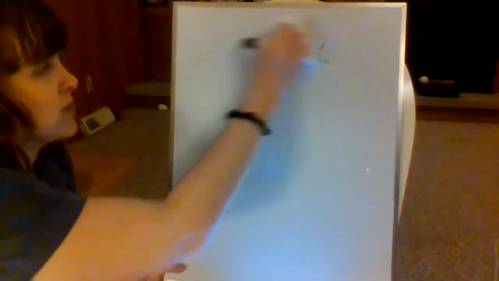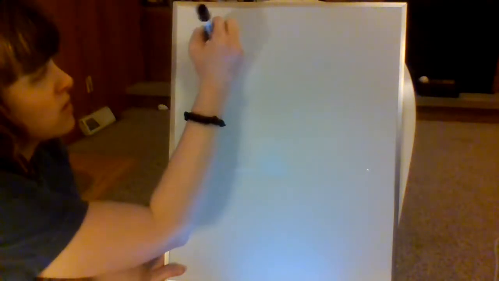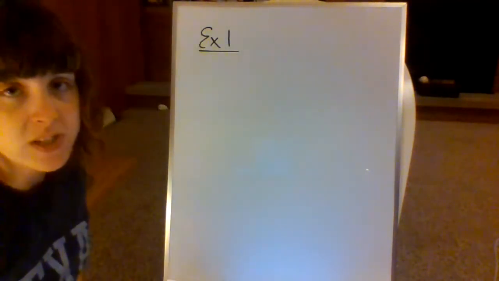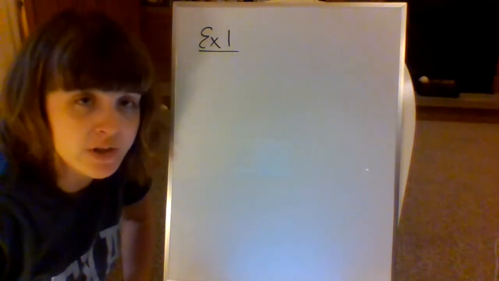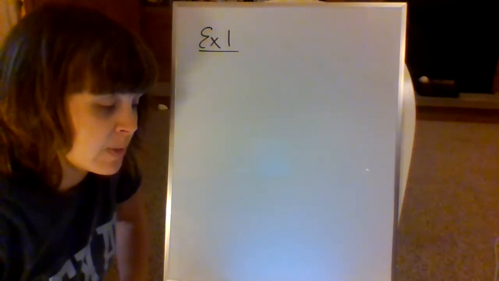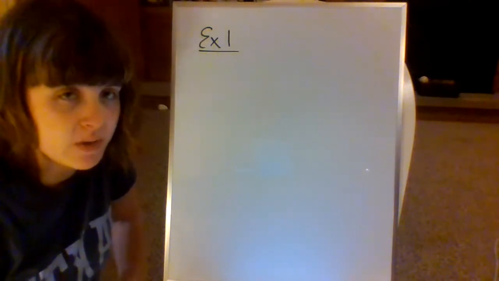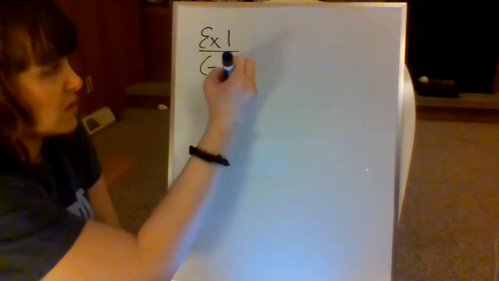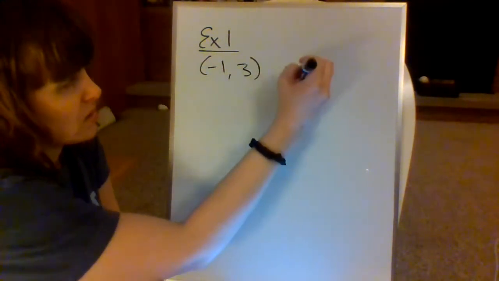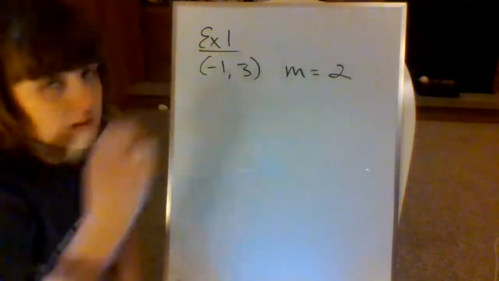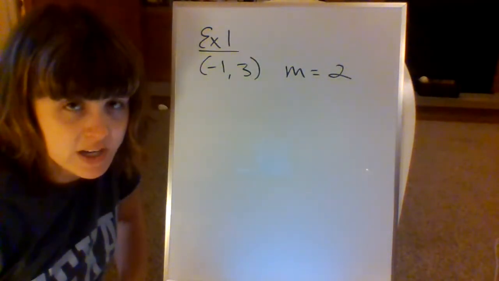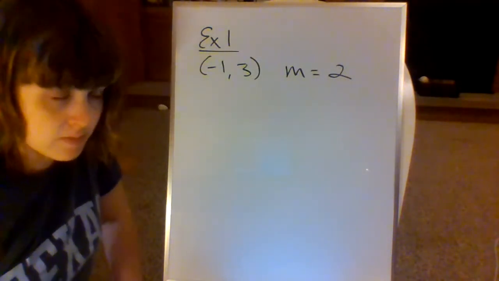So, example 1. Example 1 says, write the equation of the line whose slope is 2 and passes through -1, 3. So it passes through the point -1, 3, and the slope is 2.